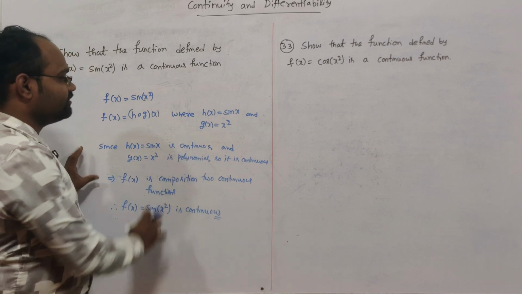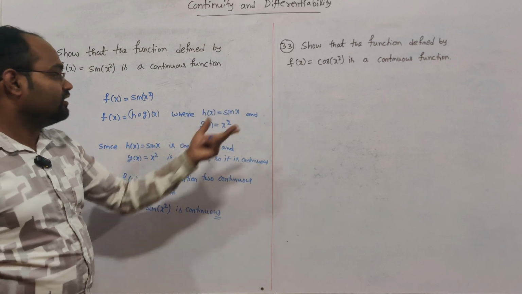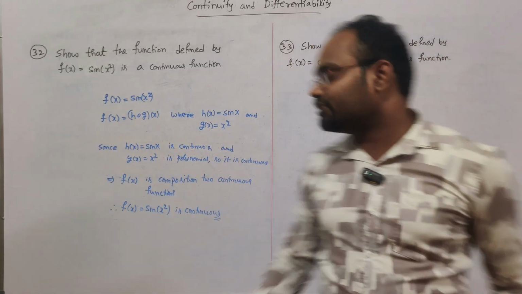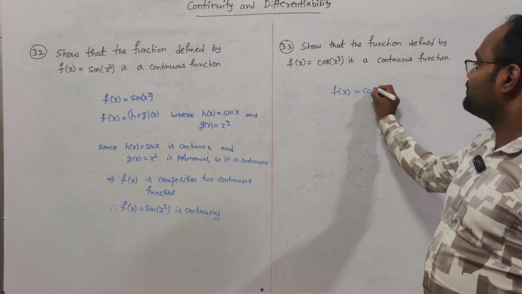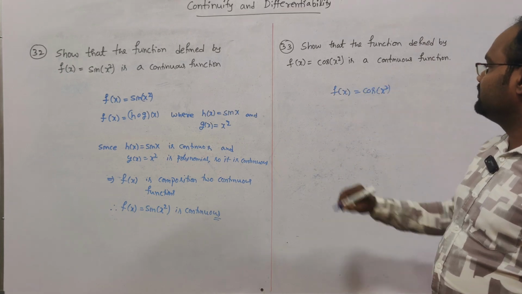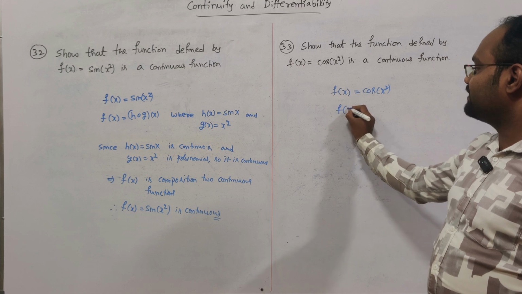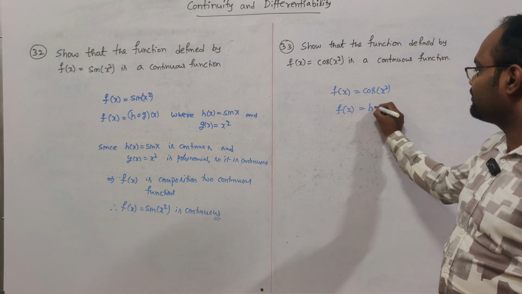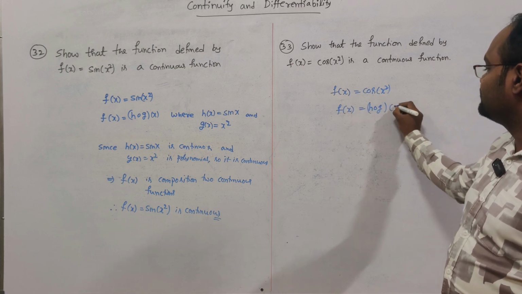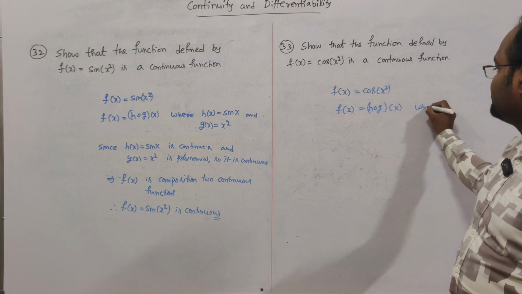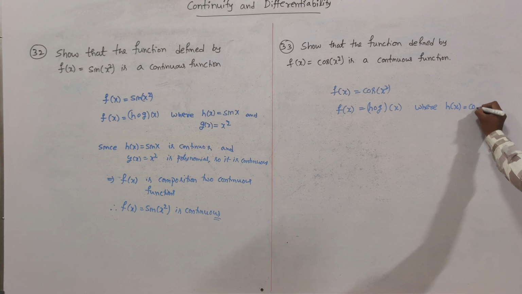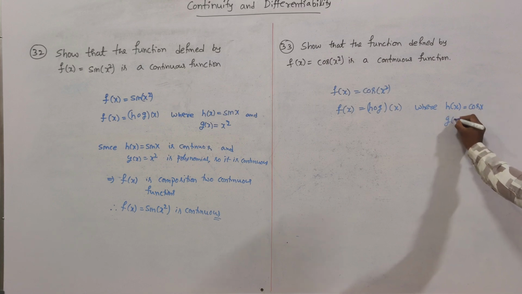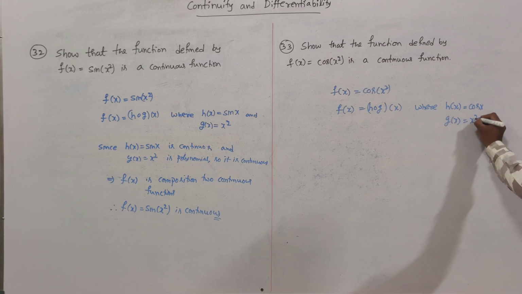In the same way, instead of sin, cos is given, so we do it the same way. How do we take this? f of x is equal to cos of x square is given, so that can be taken as f of x is equal to h of g of x, where h of x is cos x, g of x is x square, same.